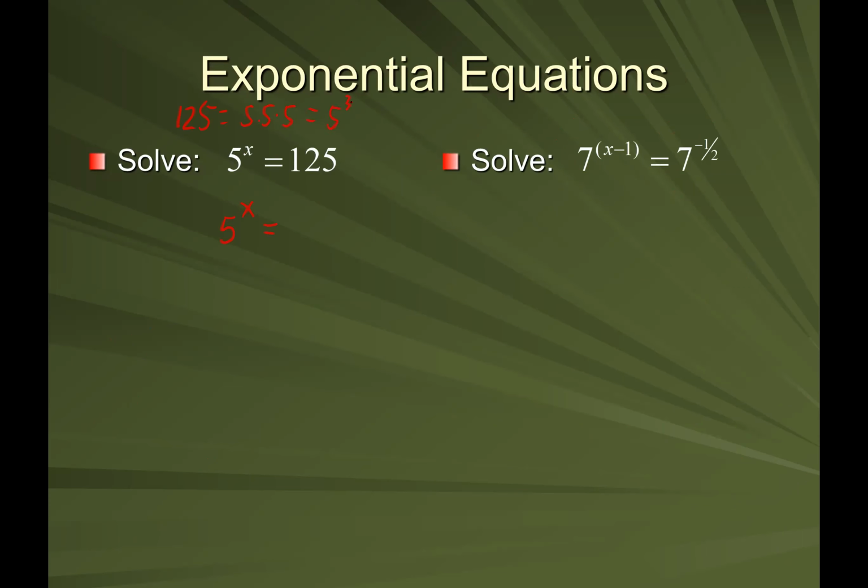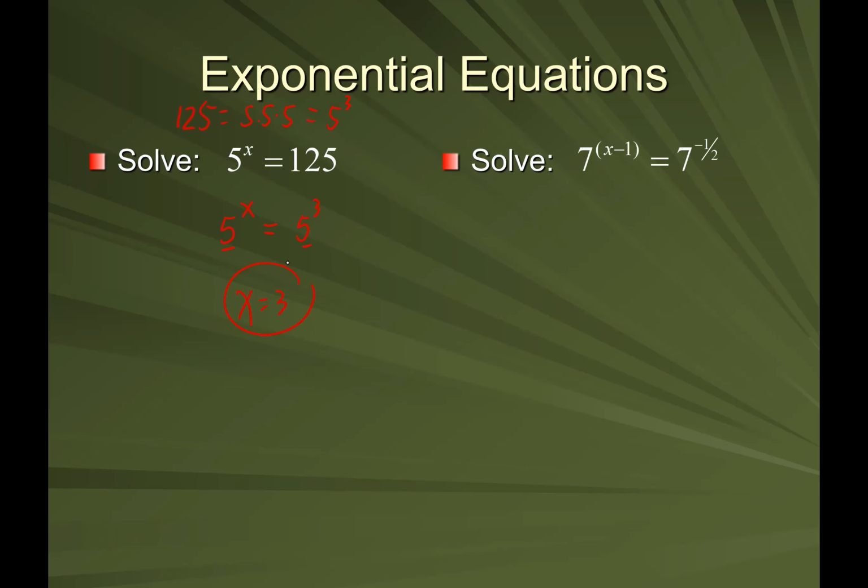Now, as you can see, we turned it into the same base. So when the exponents have the same base, then the powers must be the same, right? x must be equal to 3. So converting both to the same base and then equalizing the exponents, that's how you solve it.